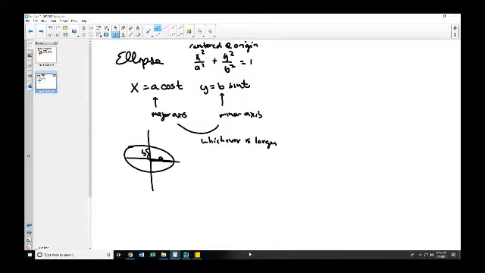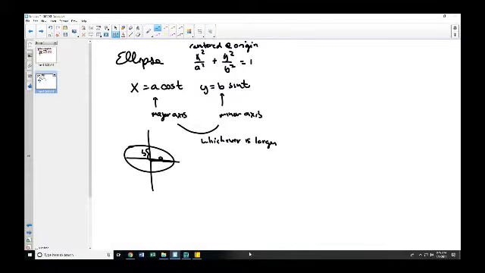Okay, let's look at something called the cycloid. It's something you've never seen before. Imagine that you're on a bicycle and you put a dot on the tire. What path is that dot going to follow? Circle? No. Ellipse? Nope.